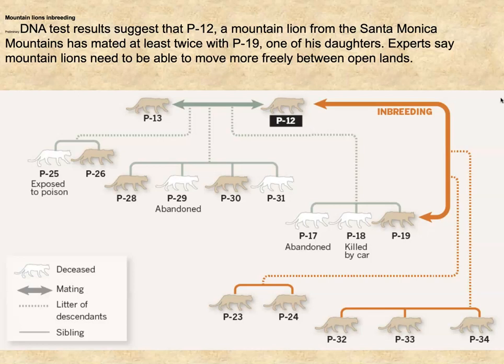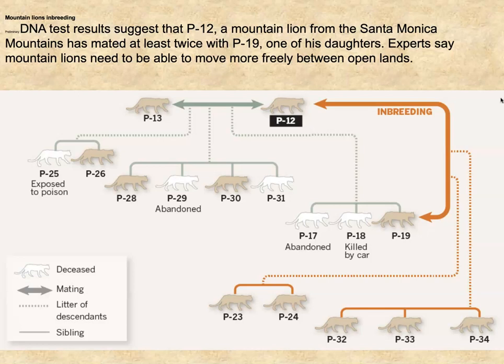And so inbreeding becomes a big problem when population sizes get small. And so, you have two unrelated mountain lions breeding, P13 and P12, and they produce 3 offspring.